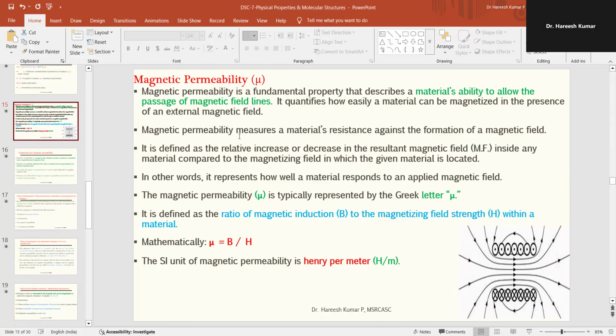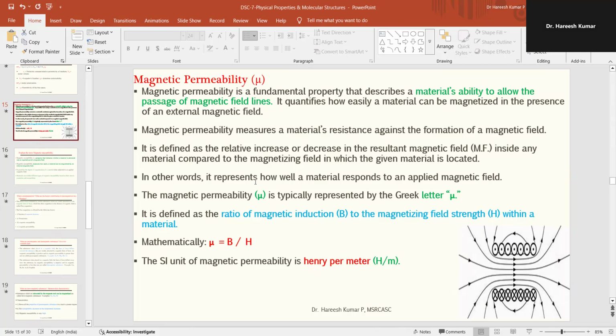Magnetic permeability measures a material's resistance against the formation of the magnetic field. It is defined as the relative increase or decrease in the resultant magnetic field inside any material compared to the magnetizing field in which the given material is located.